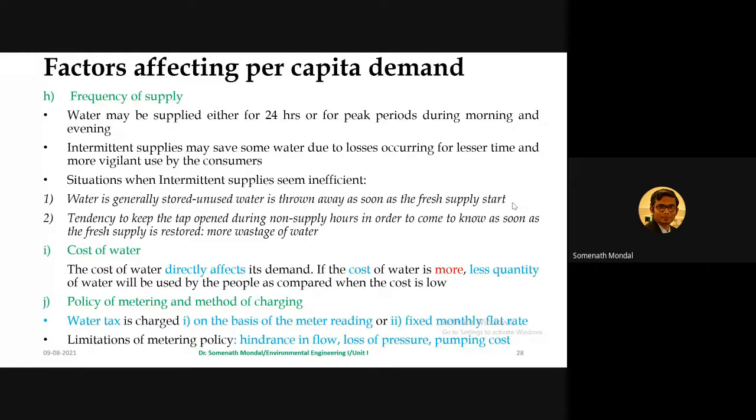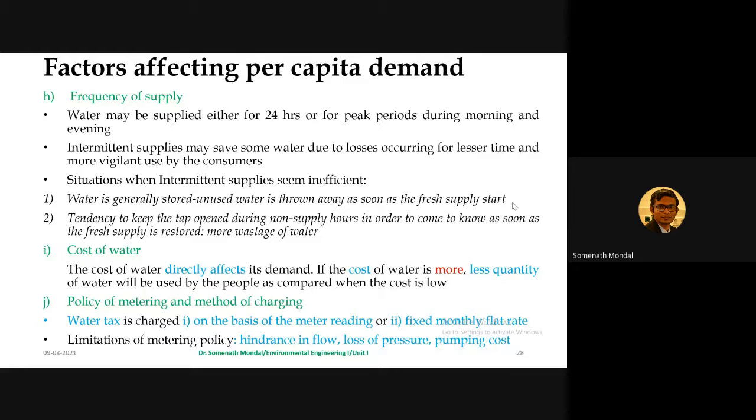So if the rate per unit of water is high, people would have a tendency to consume less water, and this may lead to the saving of a huge amount of water, and that not only for middle income group people, but for affluent and higher income group people also.